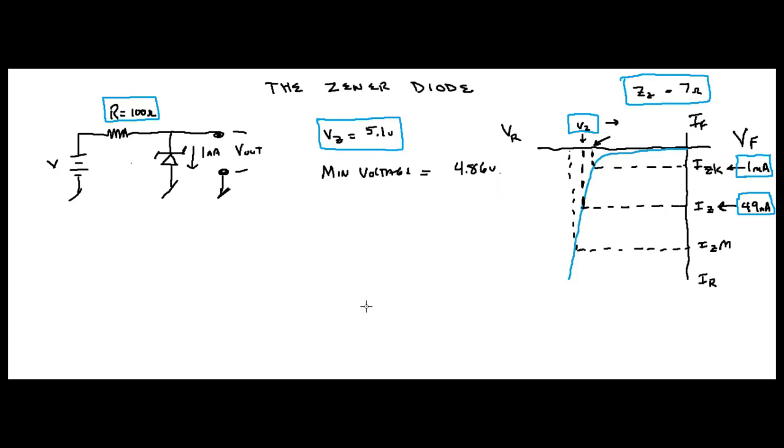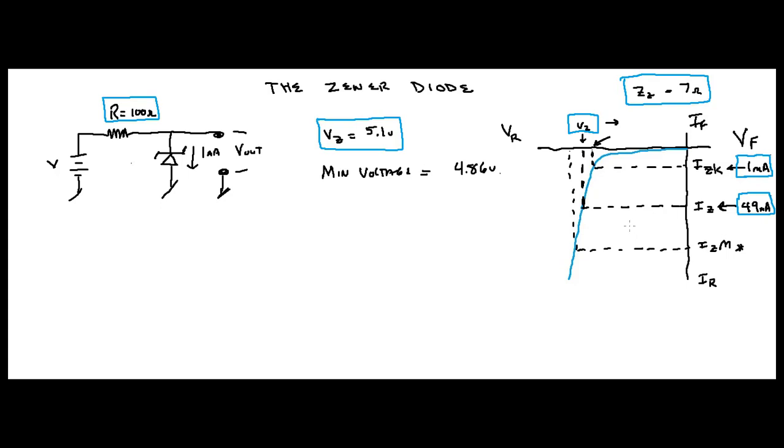Okay, I just neatened some things up here. So now let's do the other part of the problem. To get the maximum voltage, you need to find out this number. What is IZM equal to? Because we don't know. It wasn't given to us, right? So here's a trick you need to know for these kinds of problems. In this case, you're given a power dissipation, okay?